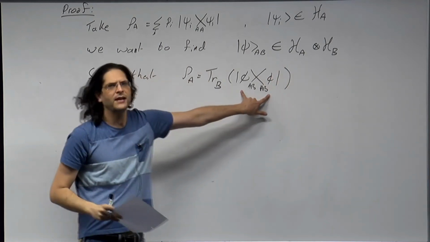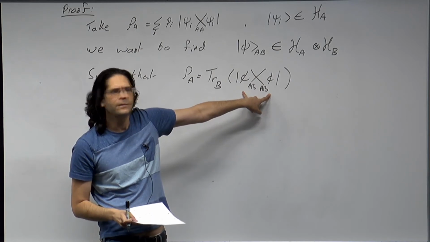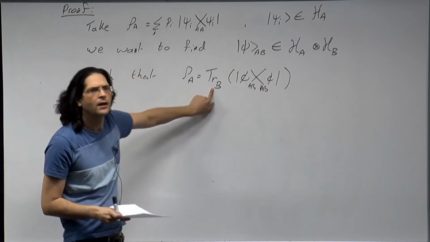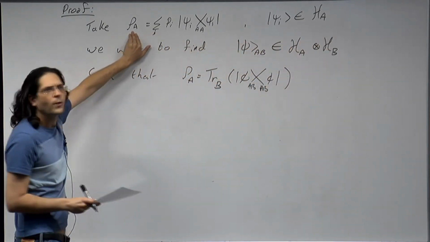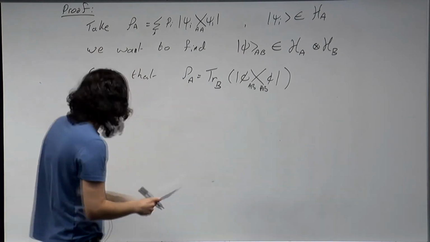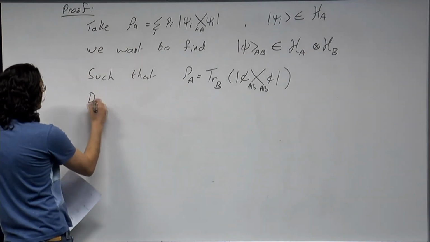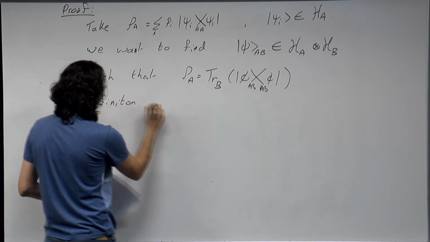So we have our pure density matrix, phi_AB, and we want to do a partial trace over B, such that we're left with rho A. Now I'll write here the definition of a partial trace.